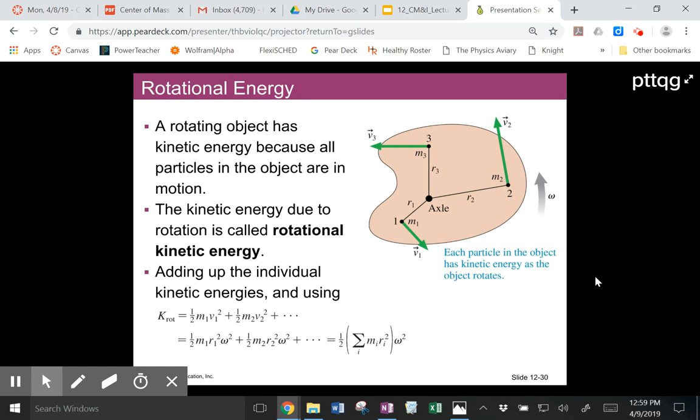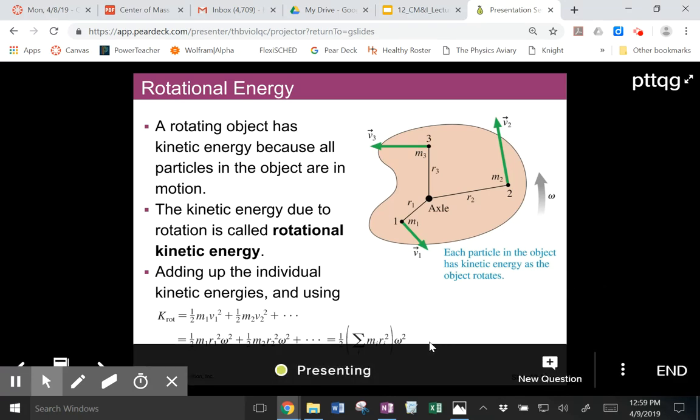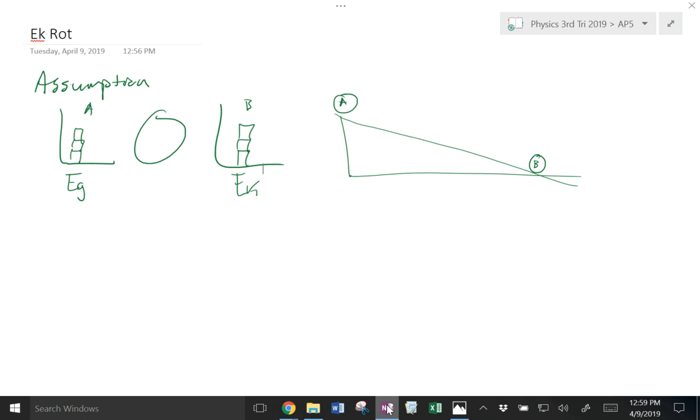In reality, that would be cumbersome in terms of the calculation because you've got all these different R's that go along with all these different V's. So a cleaner way of thinking about this, rather than the tangential velocity, is to recognize that all points on that rotating object have the same angular velocity.